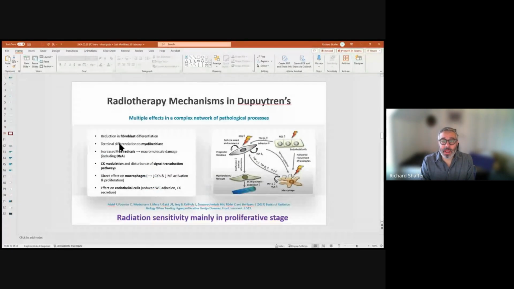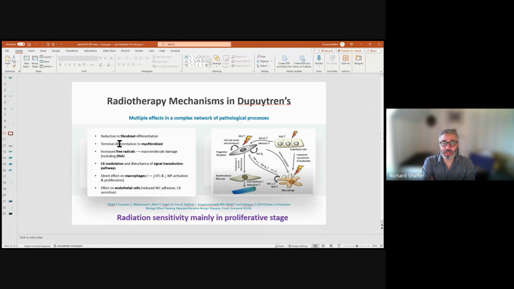But then when you go to the anti-proliferative conditions, such as Dupuytren's, again, this is a very complex process. In Dupuytren's disease, the main cell that is active is the fibroblast. Essentially, Dupuytren's is excess scar tissue underneath the skin. Radiotherapy reduces fibroblast differentiation and stops it giving off the scar tissue.